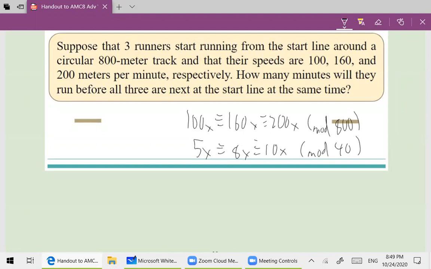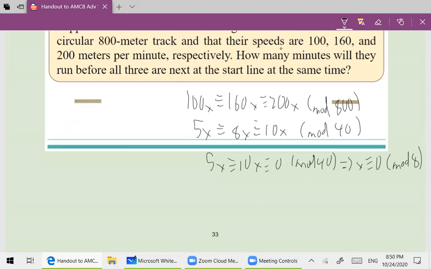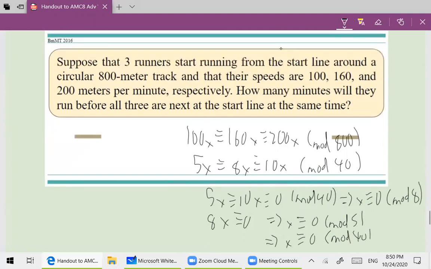So for 5x to be congruent to 10x, you know that x is congruent to 0 mod 8. Now, you also have that 8x is congruent to 0 mod 40, so x is congruent to 0 mod 5, so x is congruent to 0 mod 40.